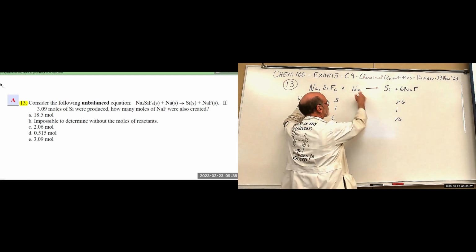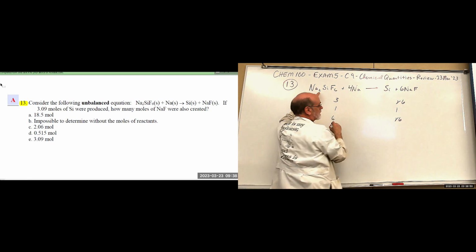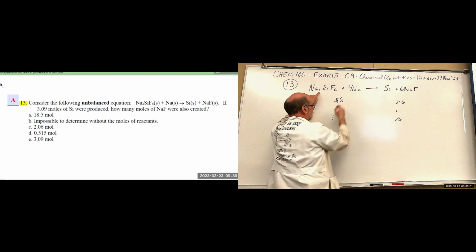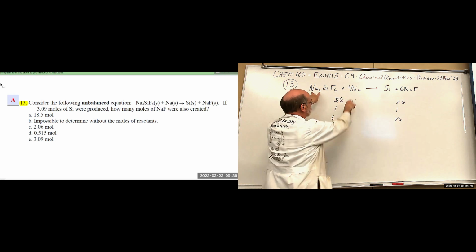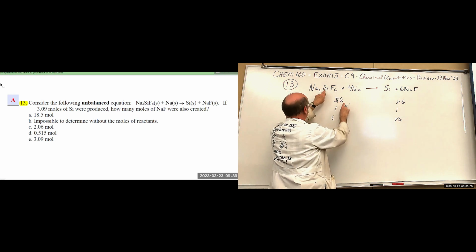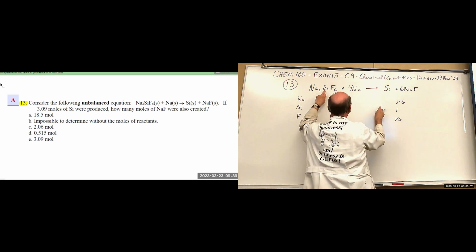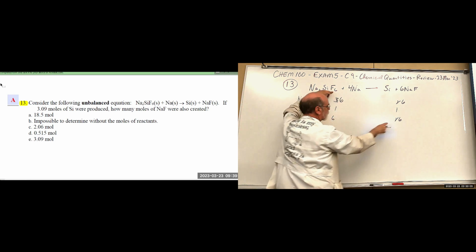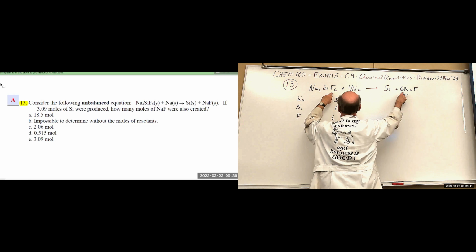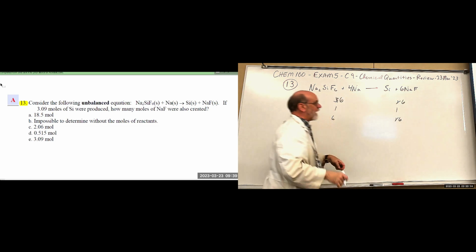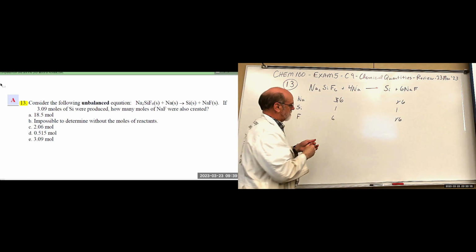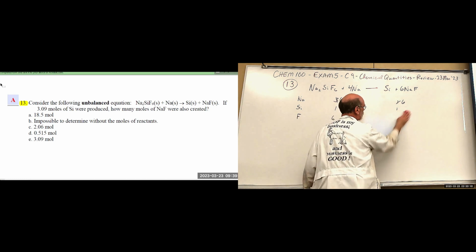So 2 from 6 is 4. And that should balance it. Let's see if it does. 2 plus 4 is 6. 1 silicon, 1 silicon. 6 fluorine, 6 fluorine, 6 fluorine. And 6 sodium here. Okay, we're balanced. Now we can work the problem.